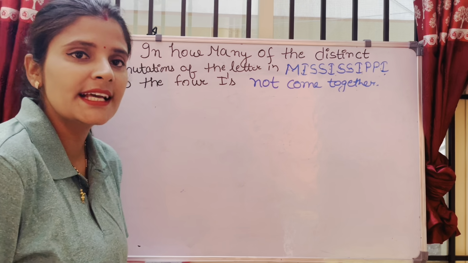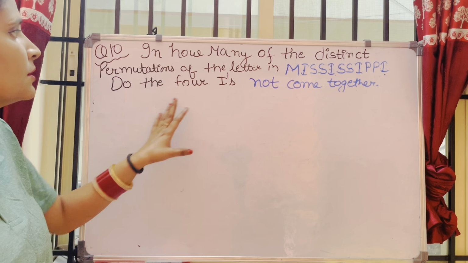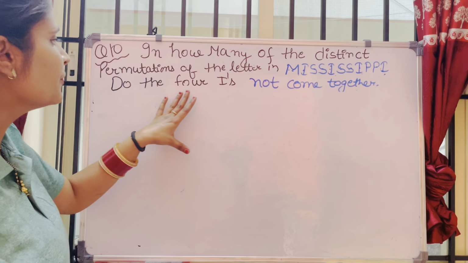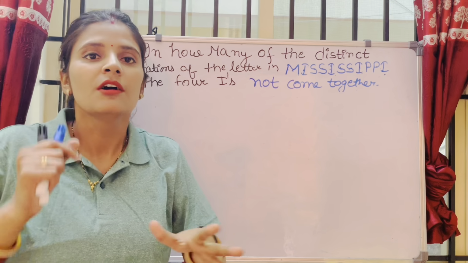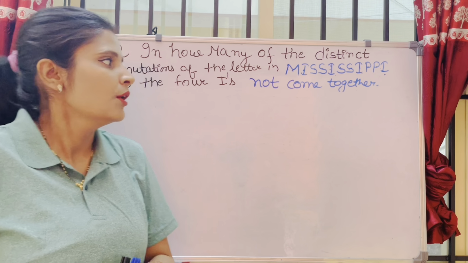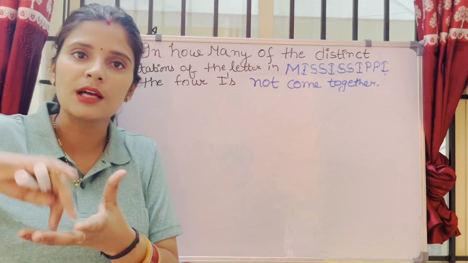So our next question is: in how many distinct permutations of the given letters do the 4 I's not come together? In this question, first we will find the total number of arrangements. In the next step, we will find out when all I's come together.